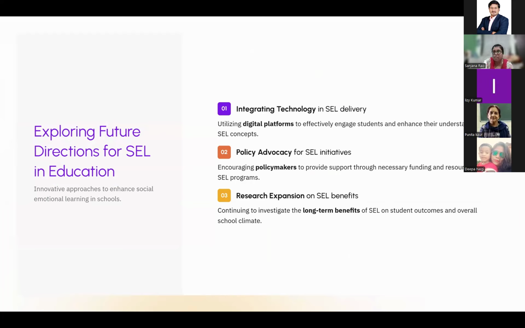The policy initiative has to be taken so that this policy of SEL is implemented in education. So encouraging policymakers to provide support through necessary funding and resources for these programs, and research expansion of SEL benefits, continuing to investigate the long-term benefits of SEL on students' outcomes and overall school climate.